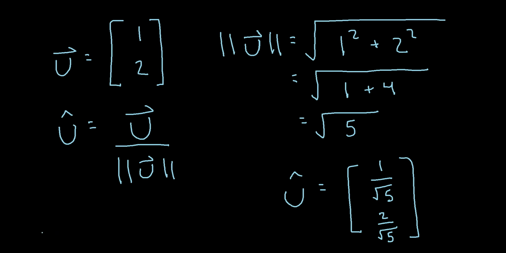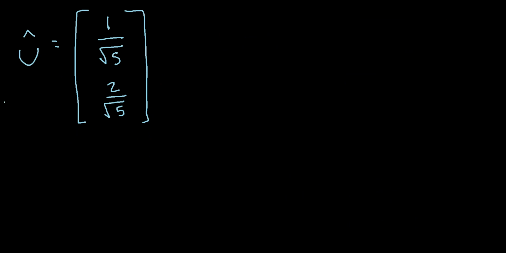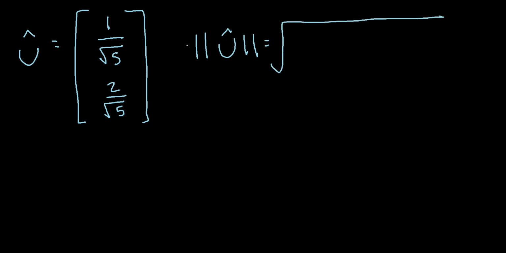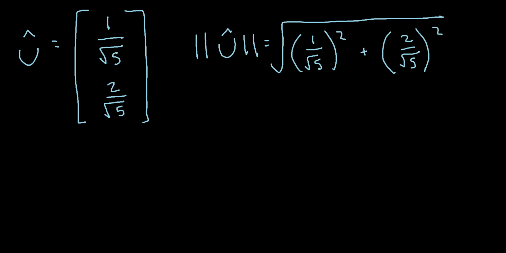So, for example, let's make a little room. So we said this was our normalized vector. To calculate the length of this normalized vector, remember we can do the square root of the first value squared, so 1 over root 5 squared, plus the second value squared, so 2 over root 5 squared. So what do we get when we do that?